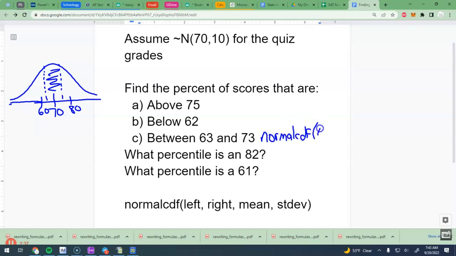So normal CDF, 63, 73. Tell the calculator the mean and standard deviation. And I get 0.376. So does that seem reasonable that 37% of the data is in there? Looks reasonable to me.